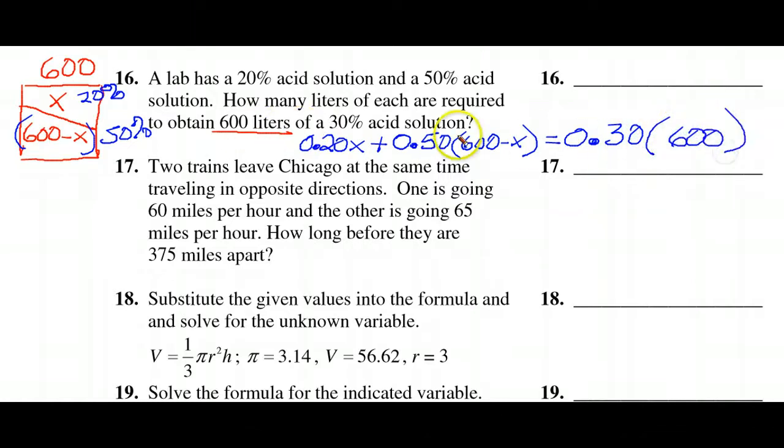Now, I don't know if you can see what's going on here, but this is the typical kind of equation that is generated from this type of problem.